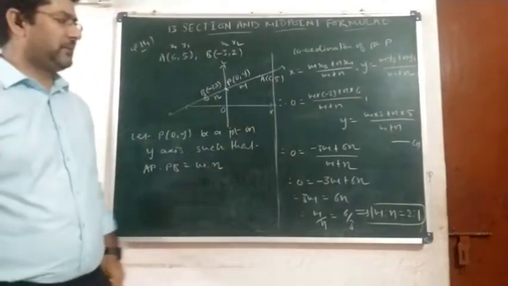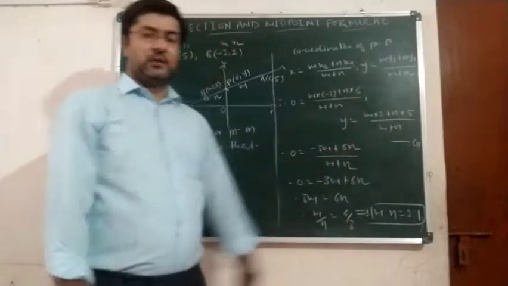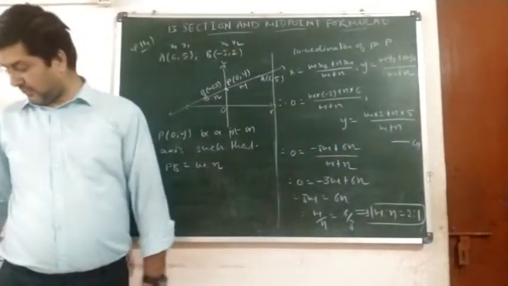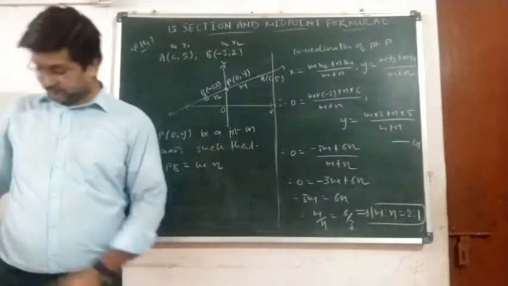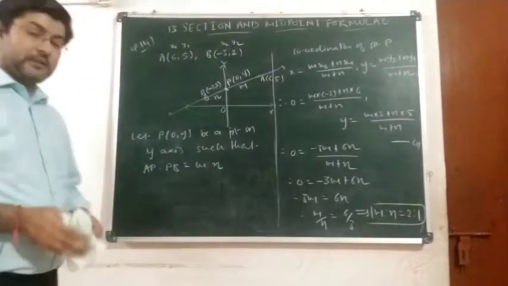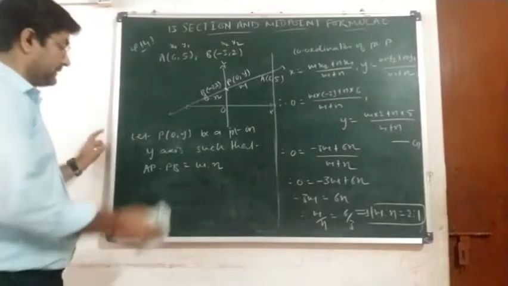Now the values of m and n we will put in equation 1 to get the value of the y coordinate. Clear? So let us do that now.